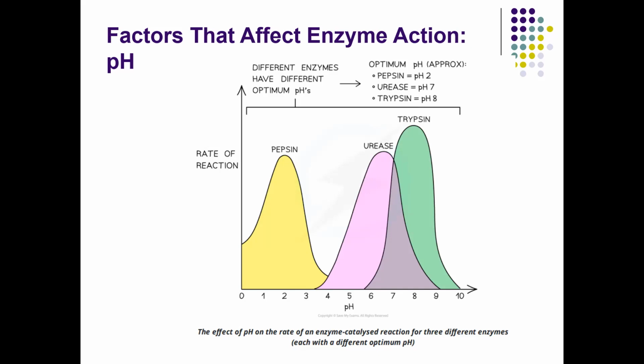Okay, so if we put the buffer in the reacting mixture, we can keep the pH constant around that value. So if you do an experiment using an enzyme and you want to maintain the pH, don't forget to use a buffer solution. Okay, this is the explanation about the factors that can affect enzyme action.